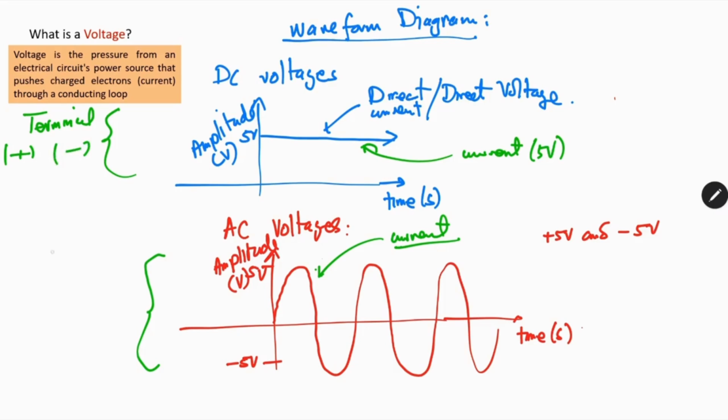But in terms of the AC, when you look at the terminal, there is no direct positive or negative, because every time it is changing. So if you have to measure, for example, the AC, there is no specific terminal. That means that the polarity is not specified for the AC. You can connect a voltmeter to the positive terminal or negative terminal, nothing will change. So this is the idea behind what is a DC and what is the AC voltage.